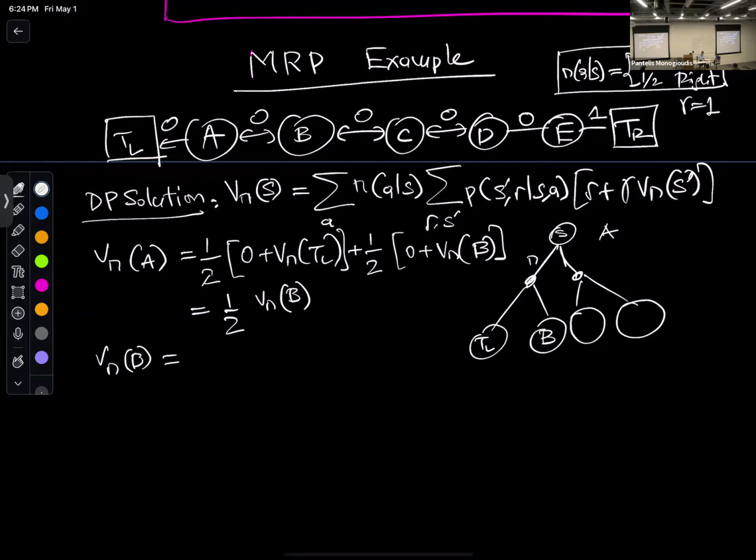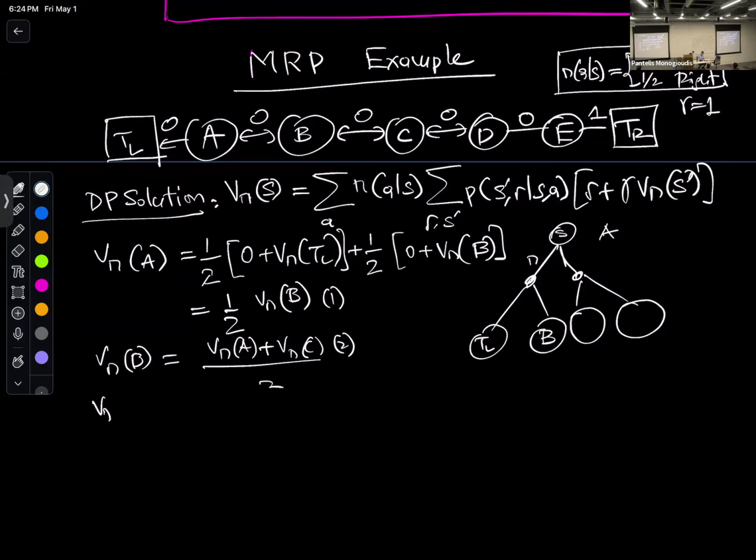You should try this at home as you are reviewing dynamic programming. Don't look at the solution, just do it. Do you agree? Definitely V pi of A and C will show up inside that expression. So that's equation 1, that's equation 2.